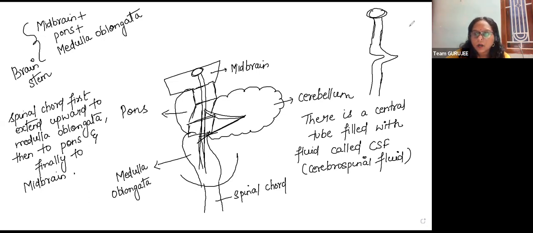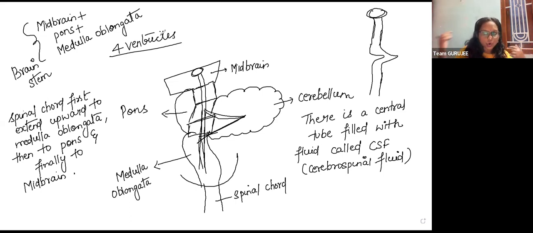Now, before going to the next point, I want to tell you one thing: in our brain there are 4 ventricles. First ventricle, second ventricle, third ventricle, and fourth ventricle.